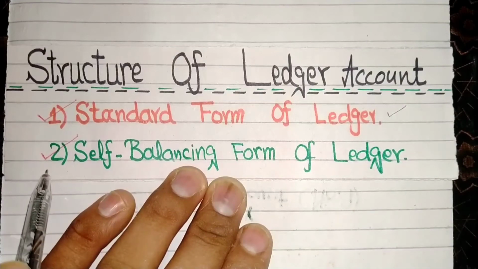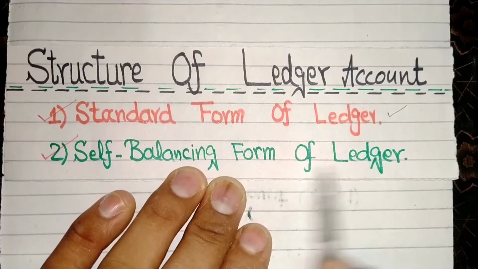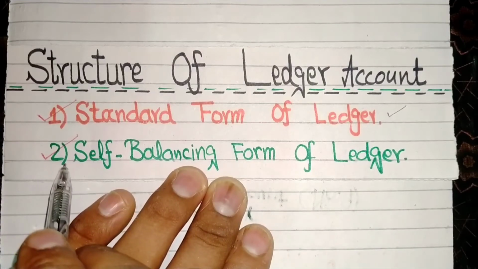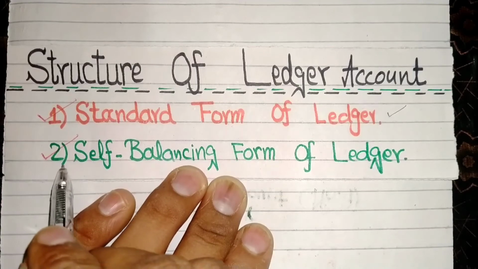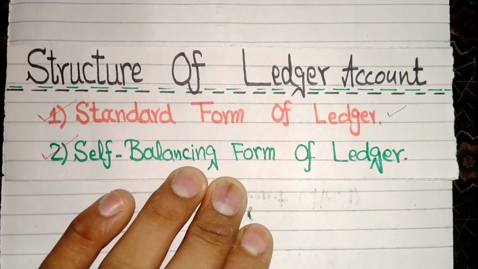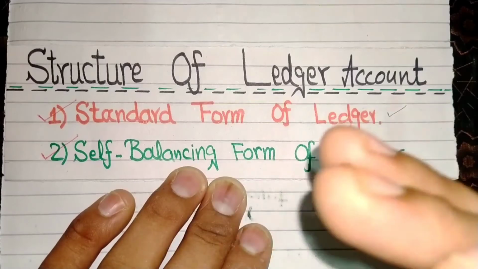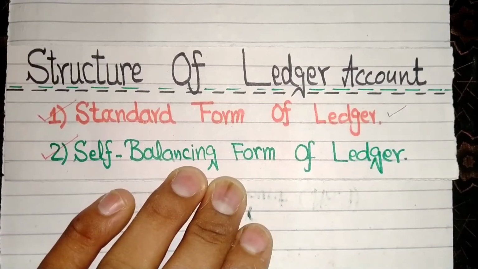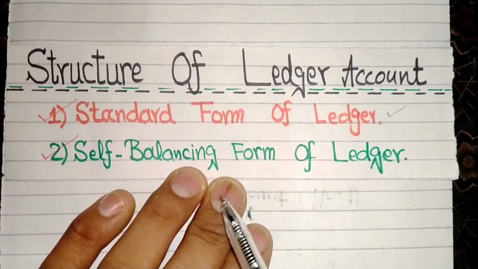When we talk about the second form of ledger account, which is the self-balancing form of ledger, in practice, the self-balancing form of ledger account is used. The advantage of this type of ledger is that the balance of the account after each transaction is available at a glance, at one snapshot, from the last column. So much time and labor is saved. The specimen of the self-balancing form of ledger account is this.